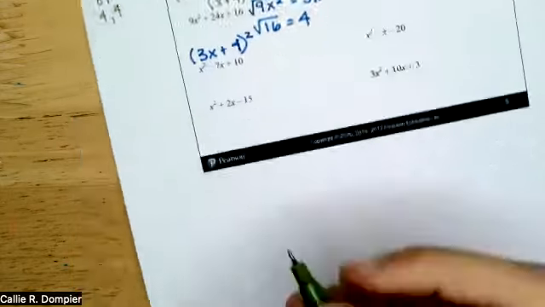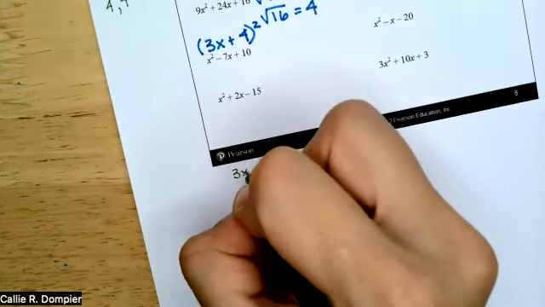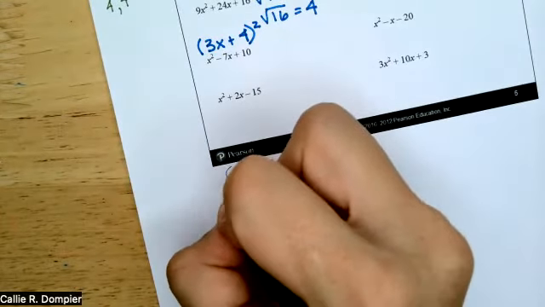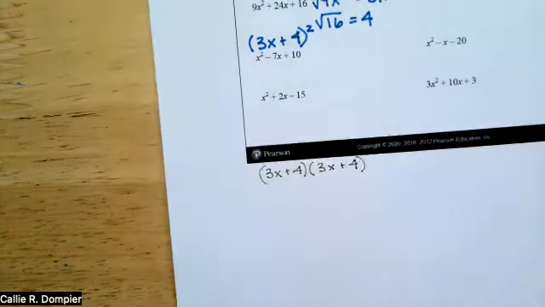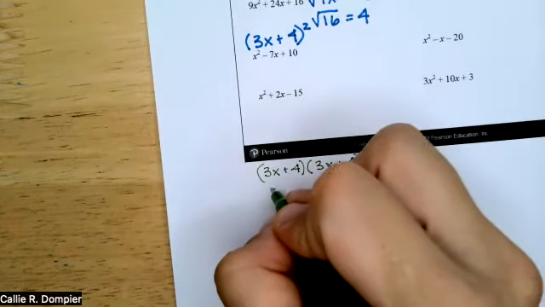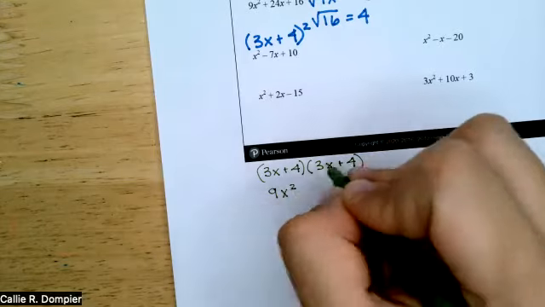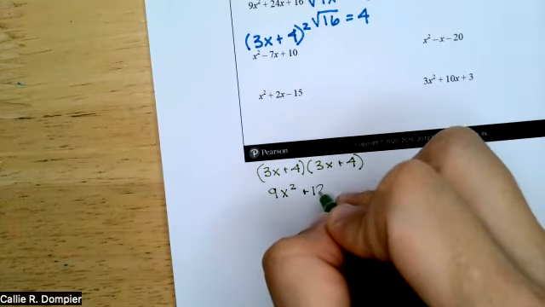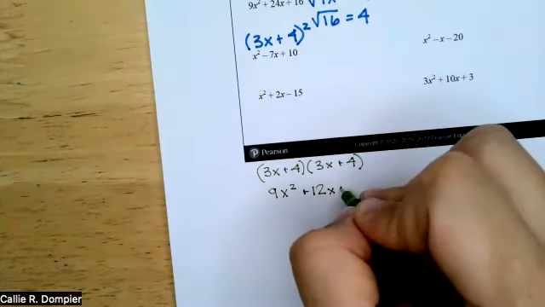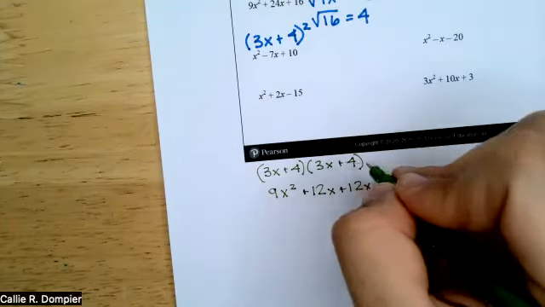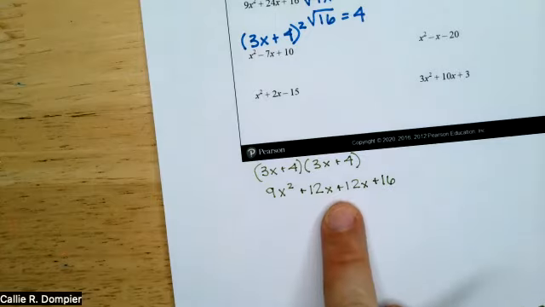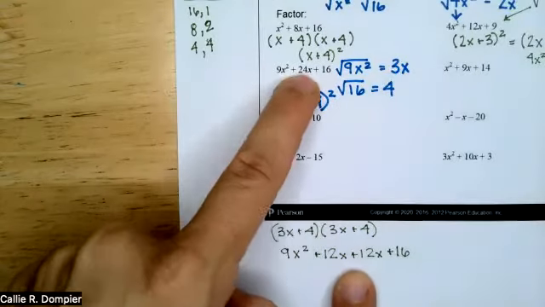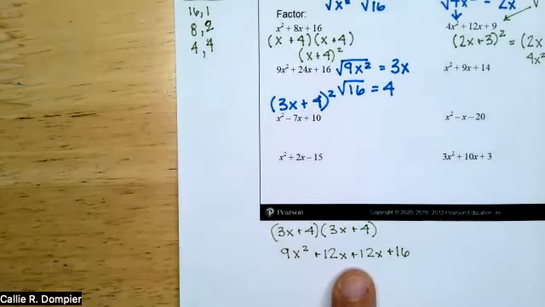And then you can check it. 3x times 3x is 9x squared. 3x times 4 is 12x. 4 times 3x is 12x again. 4 times 4 is 16. So if I combine those 12s, I'll get that 24. So that one works.